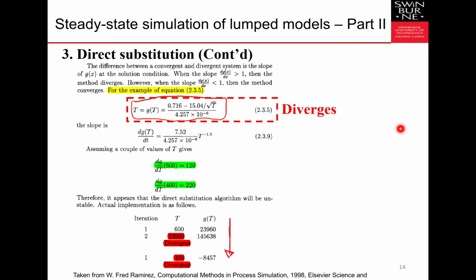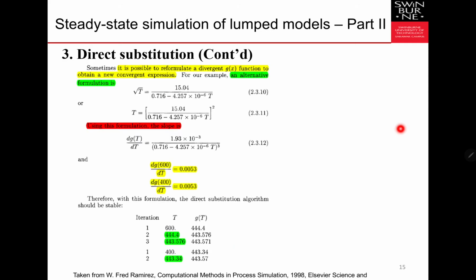Okay, this is because the value of the derivative at the initial guess value is 600 and 400 is higher than 1. On the other hand, we can also reformulate this heat capacity problem into this, and then the slope will have a value less than 1. So in this case, we will converge.